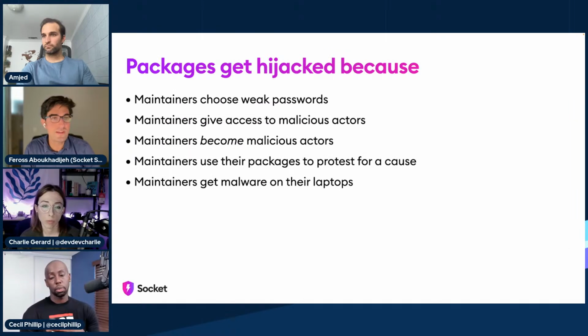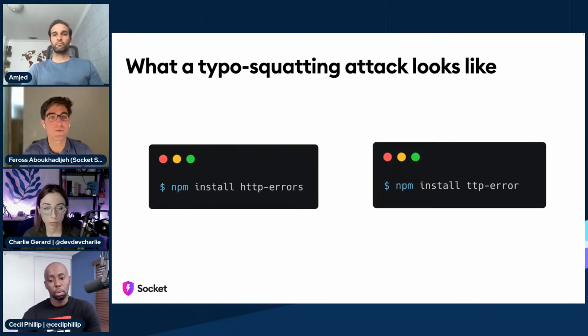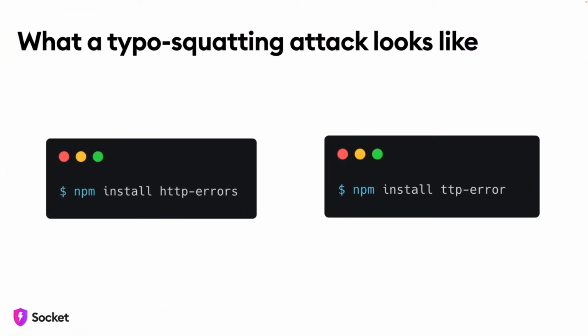So let's talk about an example of this. To make it really concrete, let's take a very specific type of attack. There's an attack called typosquatting, which is basically what it sounds like. An attacker will register a package name that's a couple letters off from the correct package that you actually want to install. So in this example, there's a package called http-errors that's actually a great package.